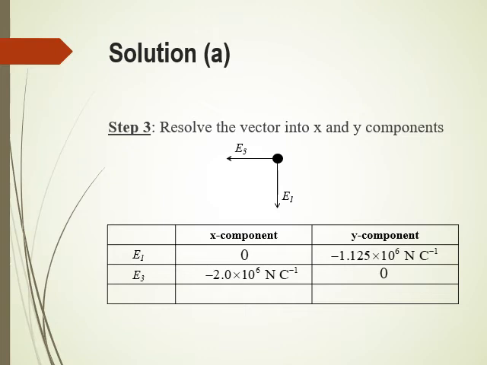Next, let us calculate the total field along the x component and the total field along the y component. So summation Ex is equal to negative 2 times 10 to the power of 6 newton per coulomb, and summation Ey is equal to negative 1.125 times 10 to the power of 6 newton per coulomb.